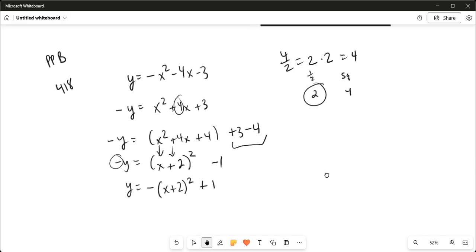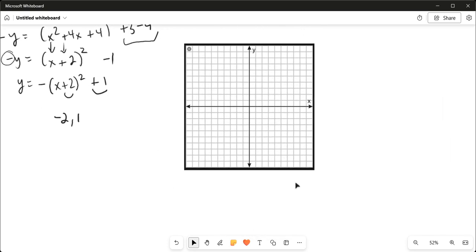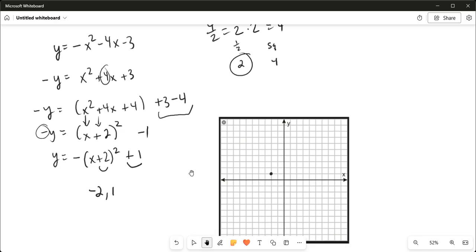All right, now our ordered pair is going to be a negative 2, because we're going to use the opposite sign, comma, use the sign 1, okay? And then we're going to graph. And that's the vertex. This opens downward because it's got a negative, right?